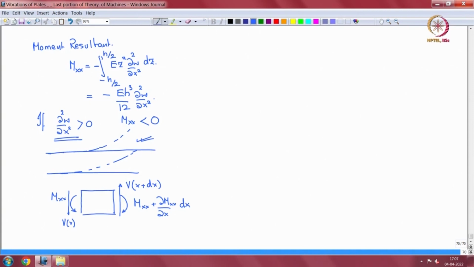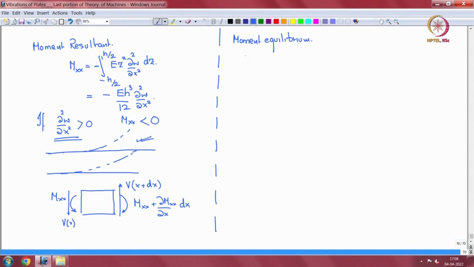Now, the Euler-Bernoulli beam with all its assumptions ignores rotational inertia, and therefore the moment equilibrium. If we do a moment equilibrium, what do we get?